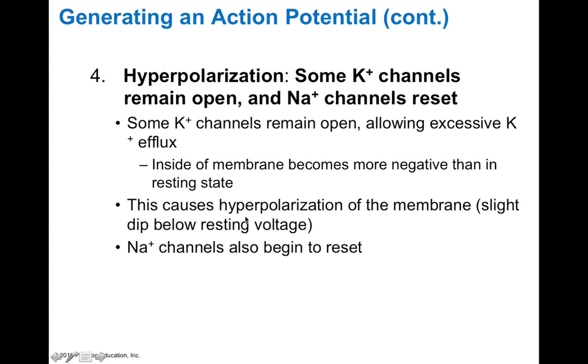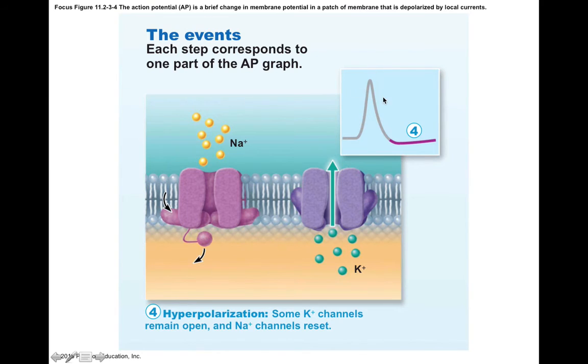So hyperpolarization is when the membrane dips below resting voltage, but this is what resets the voltage-gated sodium channels back into their resting state, so that they actually can be activated again. So hyperpolarization is when the voltage of your neuron here is even more negative than rest. This is because so much potassium has left, it's actually made the inside of the cell even more negative than a resting voltage.